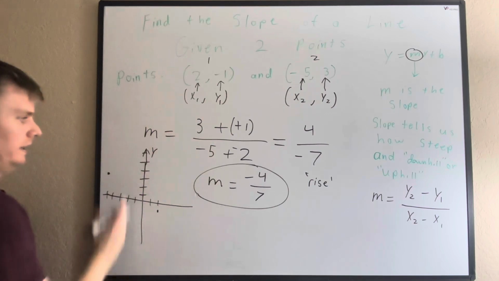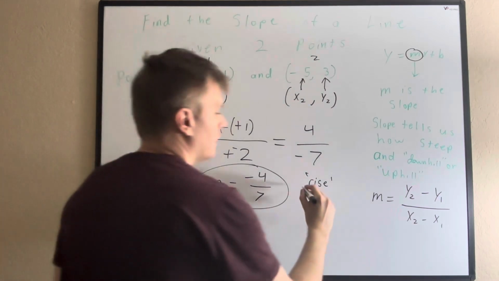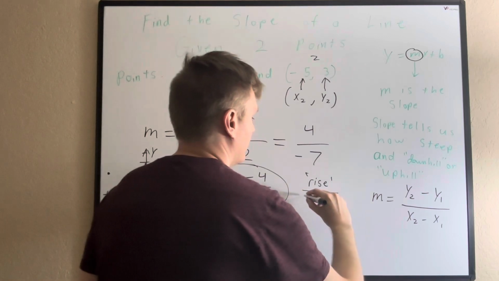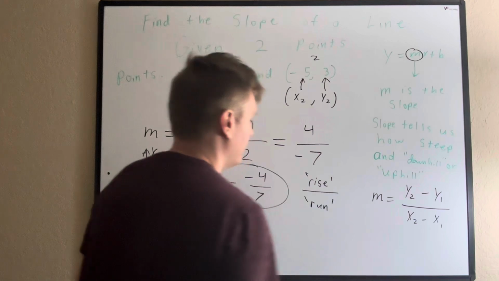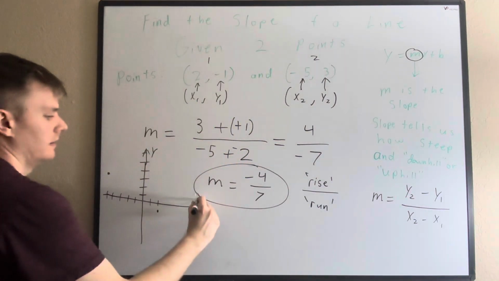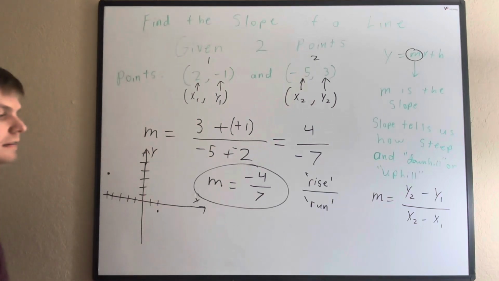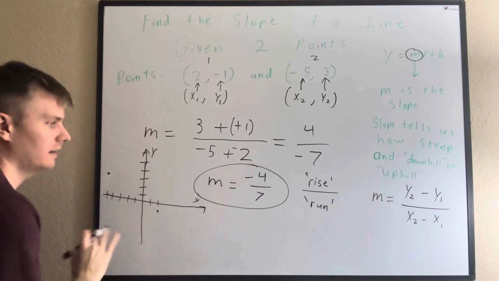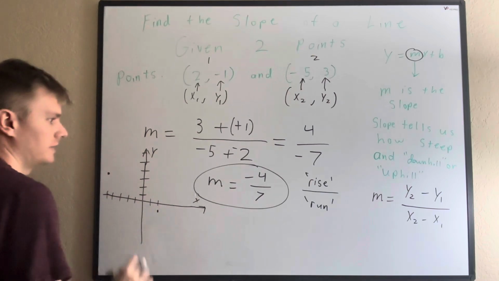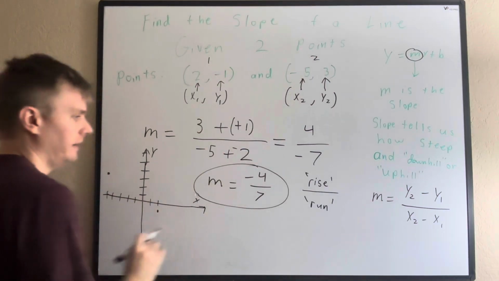It's the vertical axis. The denominator is called the run because it's the x-axis, and it decides how much you run horizontally, right or left. Rise is up and down, run is right or left.